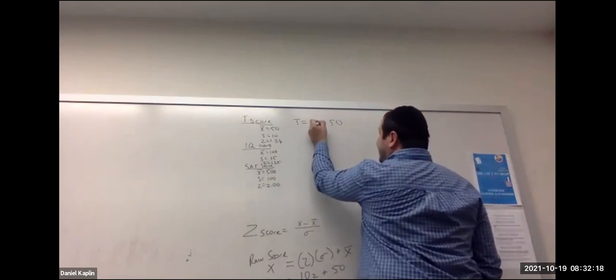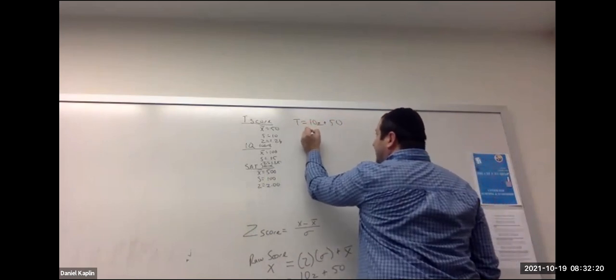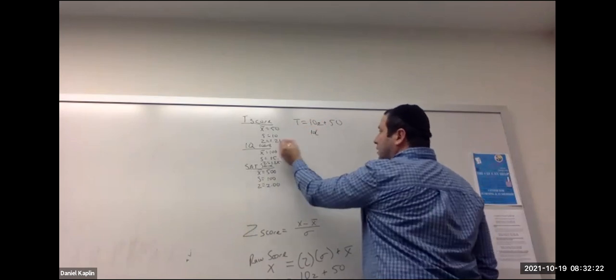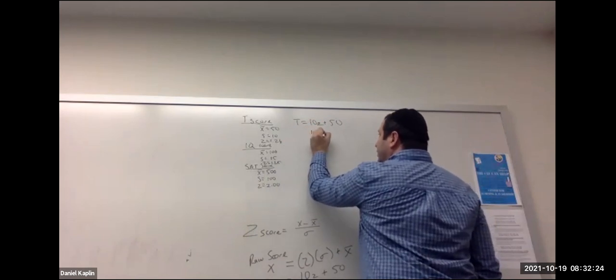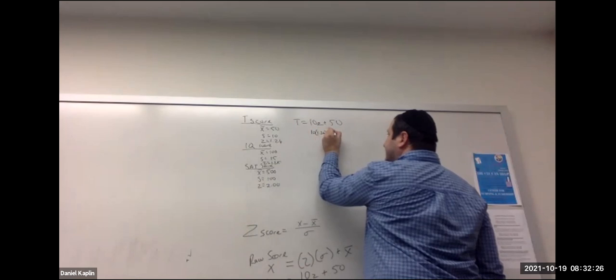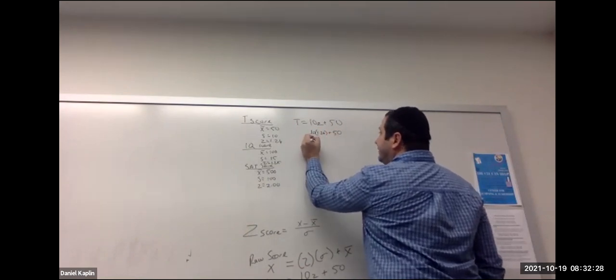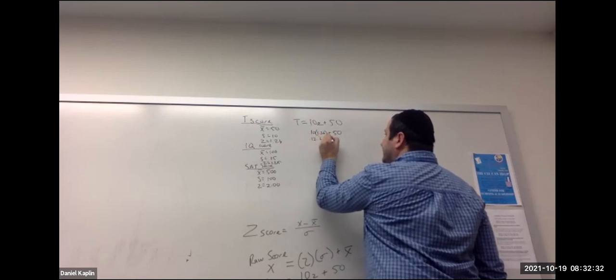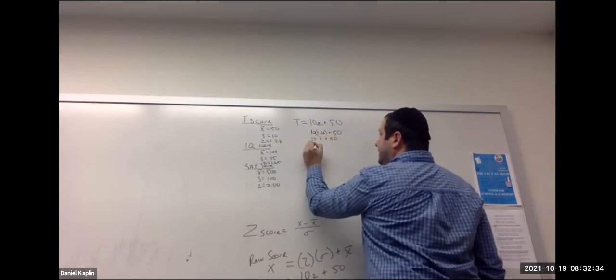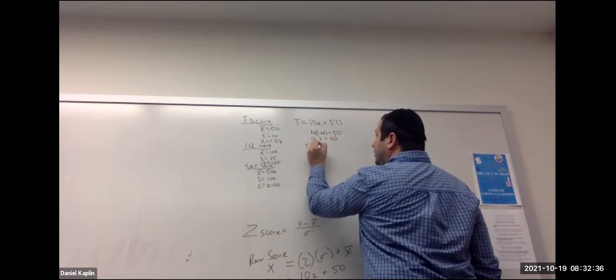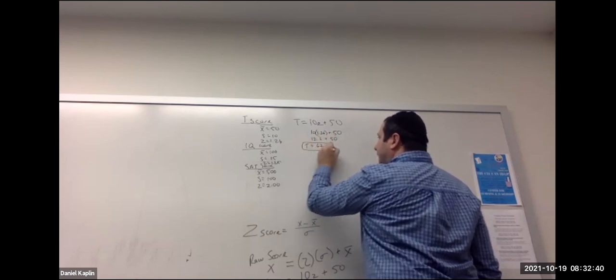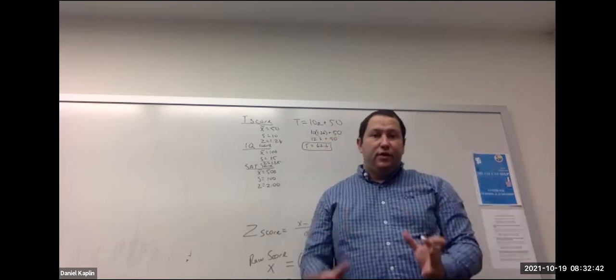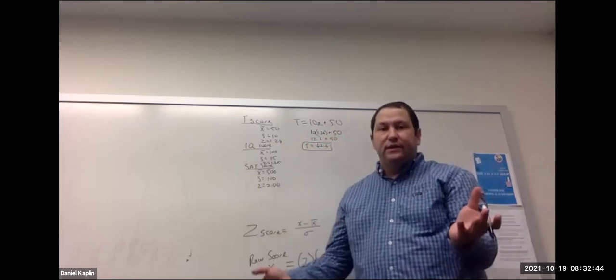So that's a Z. So 10 times 1.26 plus 50 gives us 12.6 plus 50, which gives us a T-score of 62.6.